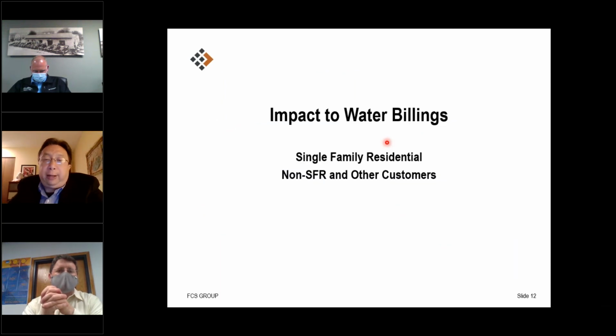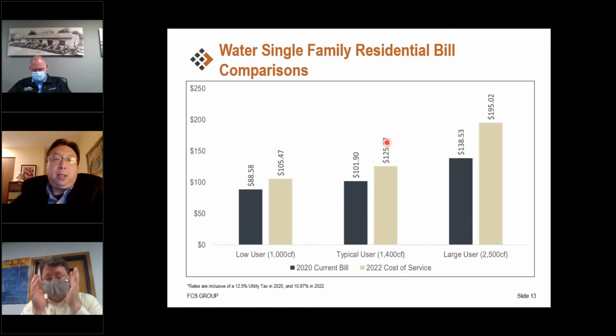I mentioned that I had a few sample billings for you, and I want to show these to you. The first one is for a single-family residential bill. These are the same hypothetical customer illustrated in the sewer utility.